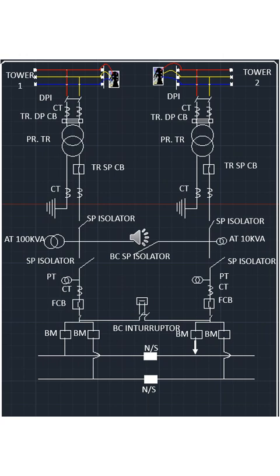Suppose one is from Orissa State Electricity Board and another is West Bengal State Electricity Board. So if one fails, the other will continue the power supply in the traction substation.